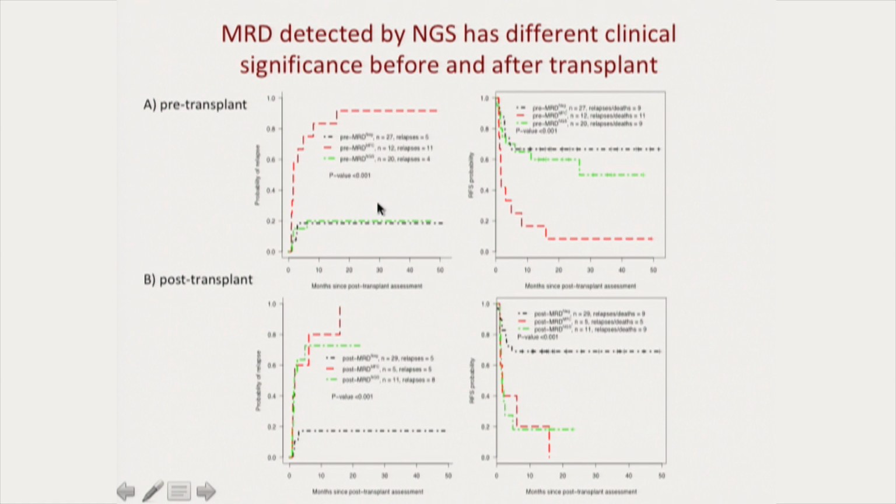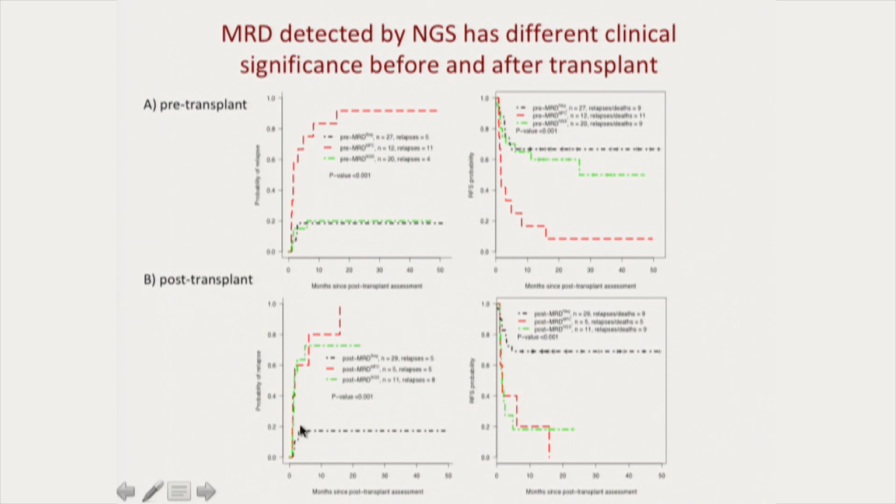On the right side is cumulative incidence of relapse versus relapse-free survival. The red dashed line shows the patients with MRD detected by flow before transplant, the green shows MRD detected by NGS but not by flow before transplant, versus MRD negative patients, shown in black. And here we demonstrate that when flow is negative, MRD detected by NGS has no clinical significance.